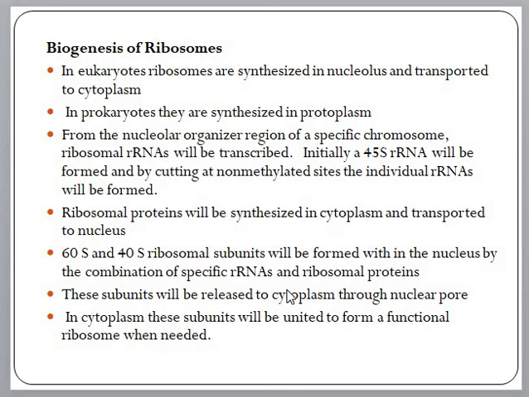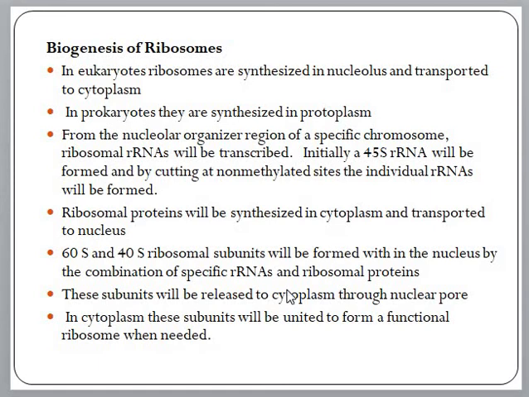Later, this 45S rRNA will be cleaved at the regions where it is non-methylated, and the individual ribosomal RNA molecules are formed. So from the 45S rRNA, by cleaving at non-methylated sites, the smaller rRNA molecules are formed.